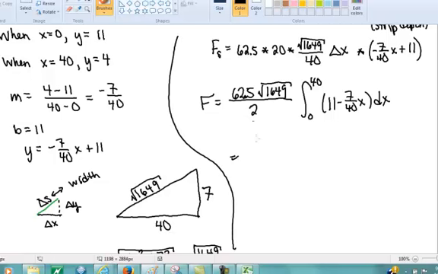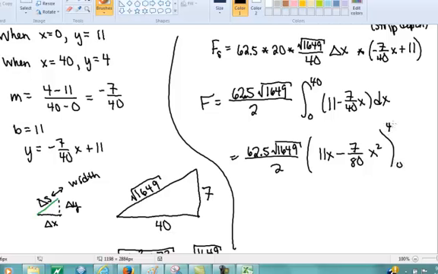So we get, okay, the antiderivative is just 11x minus 7 over 40 times 1/2, which would be 7 over 80 x squared, and this is going from 0 to 40.